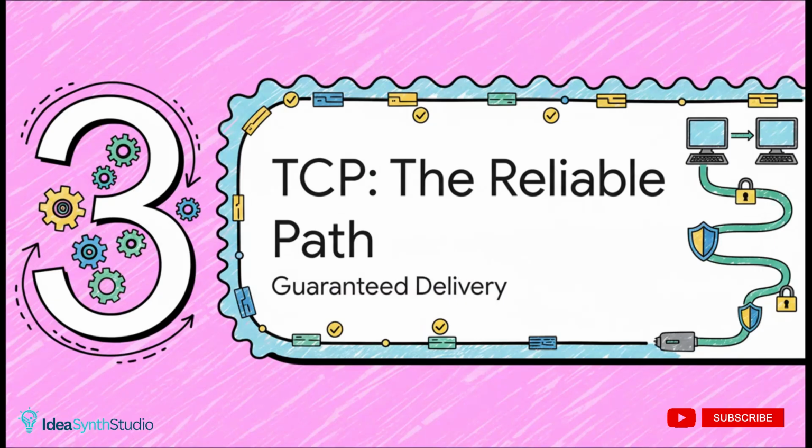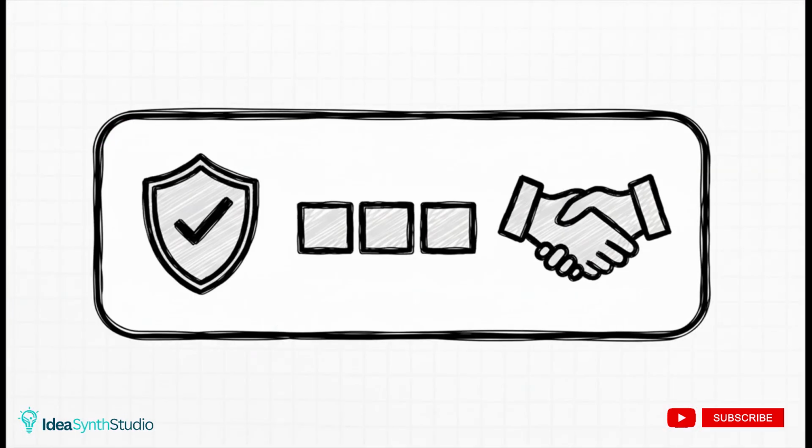And now we get to the really cool part. How does the data actually get from point A to point B? The first method we're going to look at is TCP, which stands for Transmission Control Protocol. And you need to remember this. When you absolutely positively need your data to arrive in one piece, you use TCP. There are three words that you have to associate with TCP: reliable, ordered, and connection-oriented.